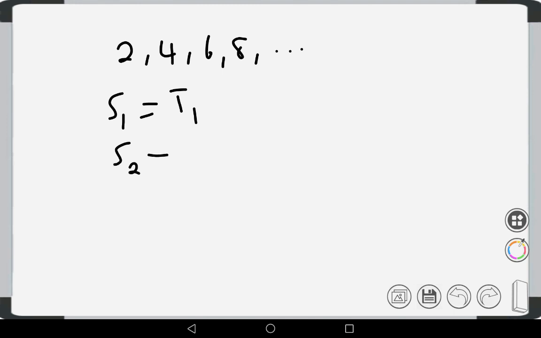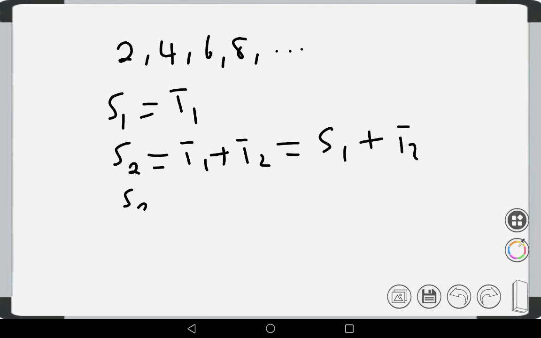So now let's go with the same sequence, 2, 4, 6 and 8, and talk about the sum. S1 is the same as T1, and S2 is T1 plus T2, which is the same as S1 plus T2.